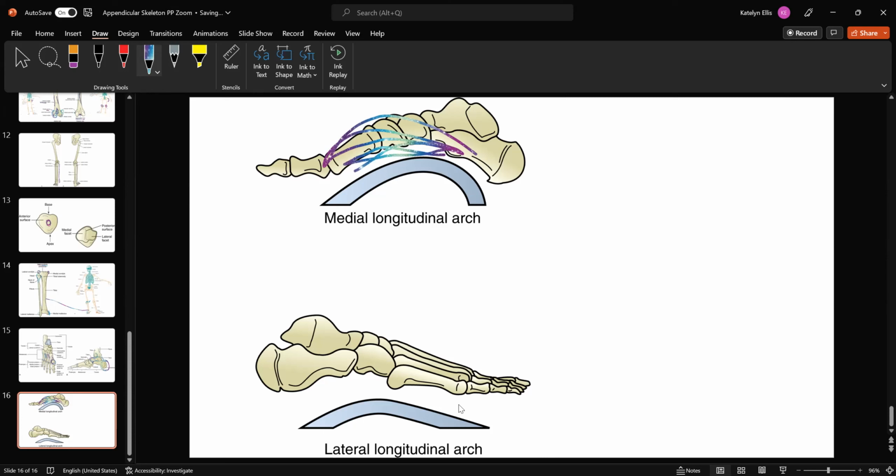This is the lateral longitudinal arch. This is not the arch that we are typically referring to when we say, hey, are you flat-footed? Do you have pes planus? Do you have a really high arch? But there are two arches to the bottom of your feet, just like you have a carpal arch inside of your wrist.